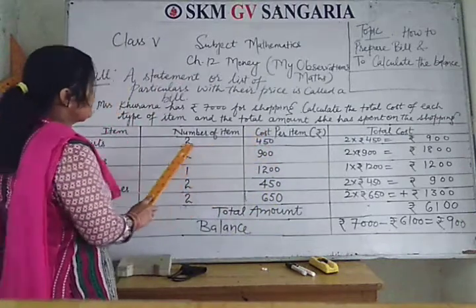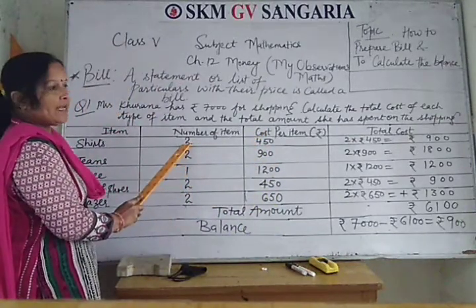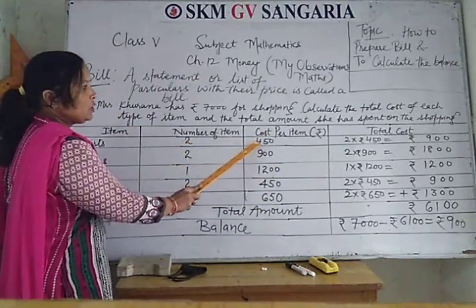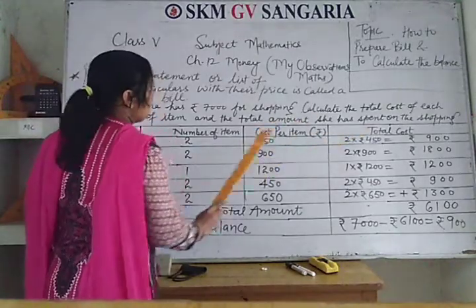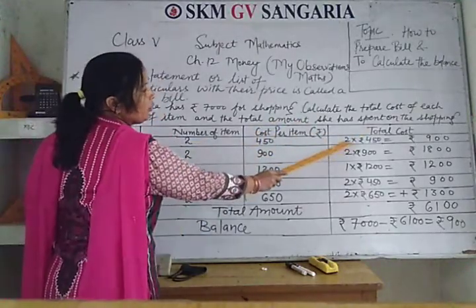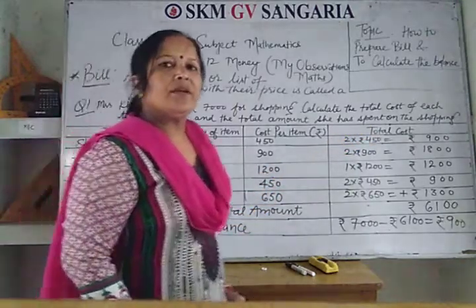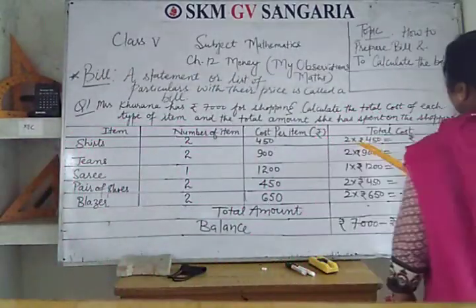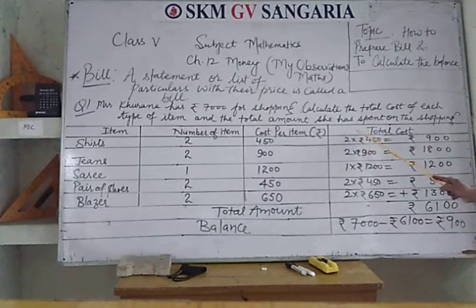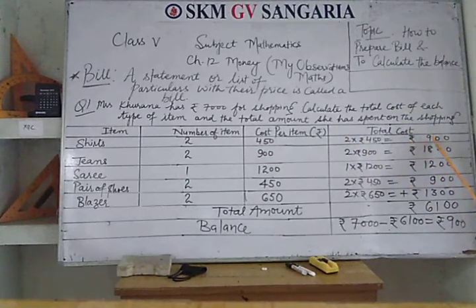So the total cost of 2 shirts will be 2 multiplied by rupees 450. When you calculate, you will get the cost of 2 shirts as rupees 900.